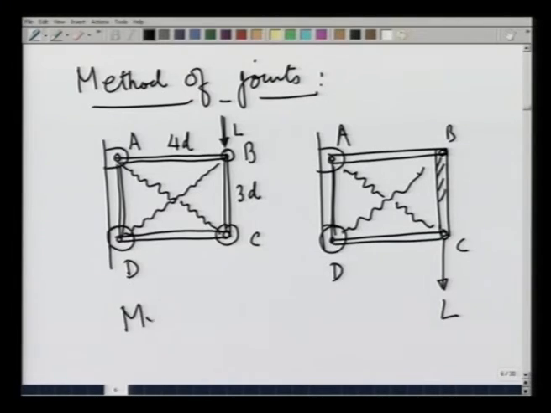I should also mention here that this problem is taken from the book of Merriam.